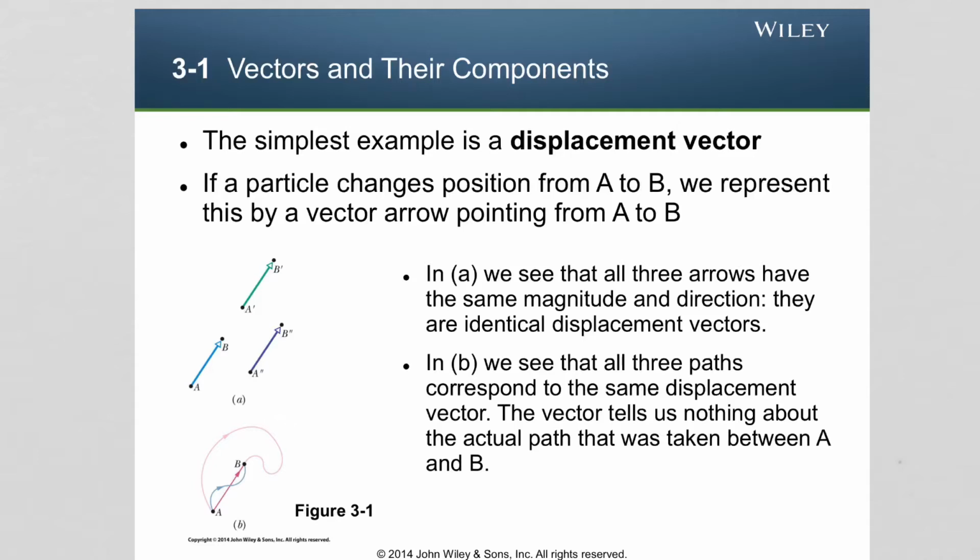Now consider displacement between two other points in space, A prime and B prime. The distance between those points is the same, and therefore the displacement vector here is the same as the displacement vector from A to B. Furthermore, if you consider a third set of points, A double prime and B double prime, that are the same distance from each other as in the previous two examples, then the displacement from A double prime to B double prime is a vector that is identical to the other two vectors.